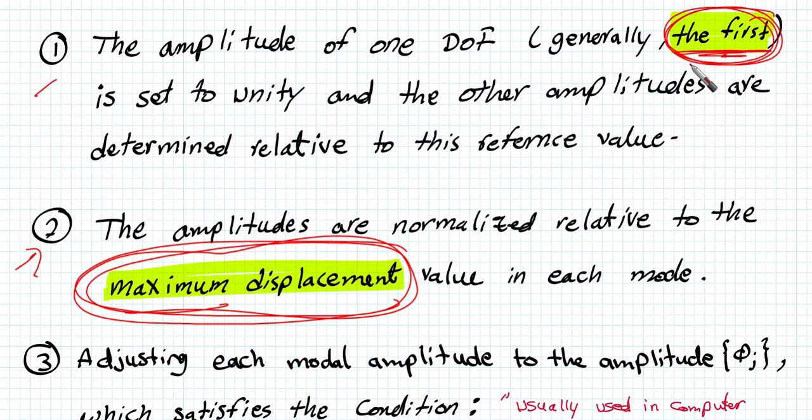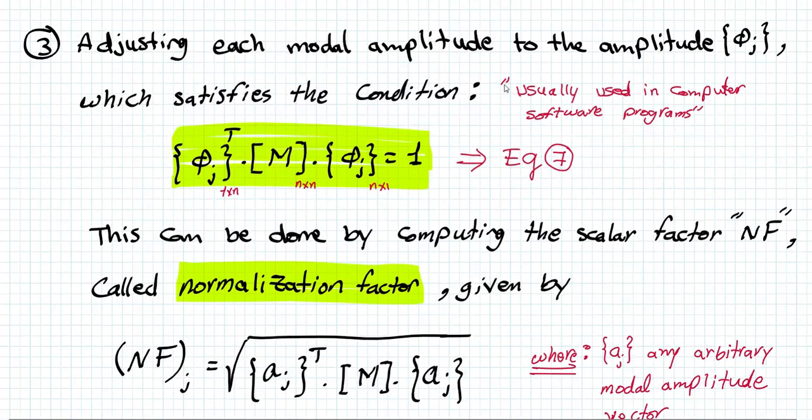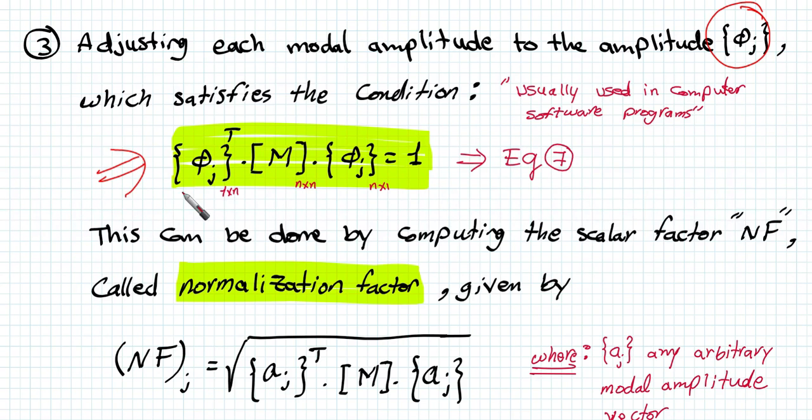And the third one is going to be related to adjusting the modal amplitude to be phi j, where this phi j is going to satisfy this condition, which is, after normalization, phi j transpose dot mass matrix dot phi j equals 1.